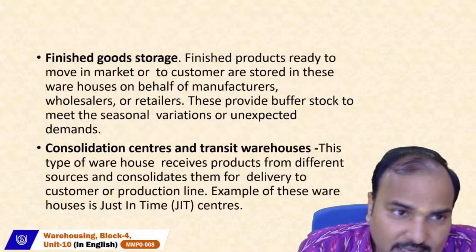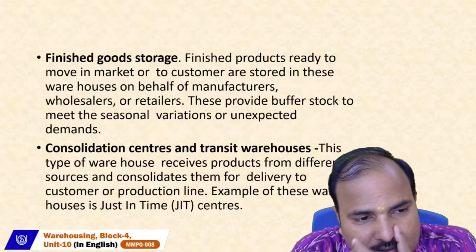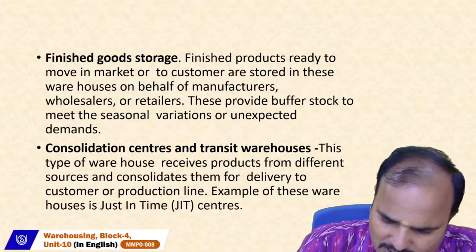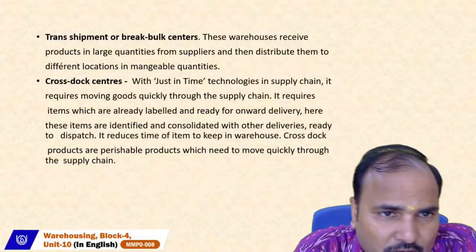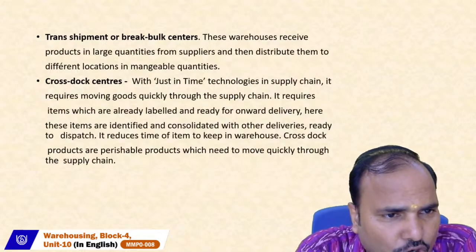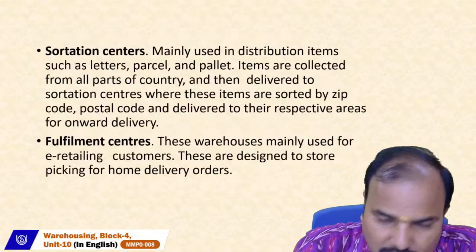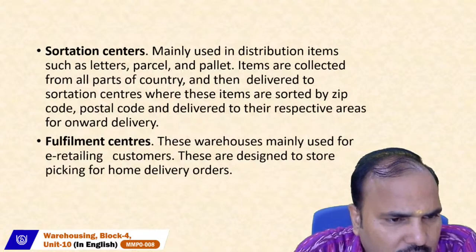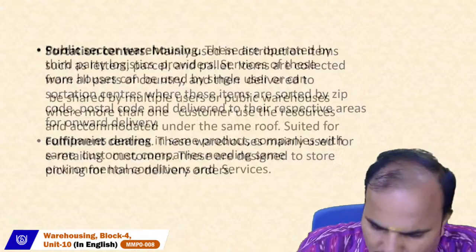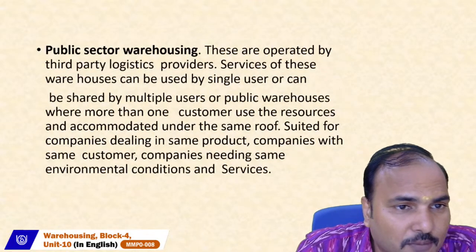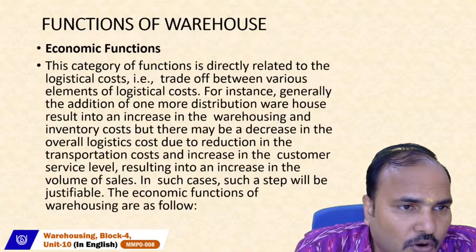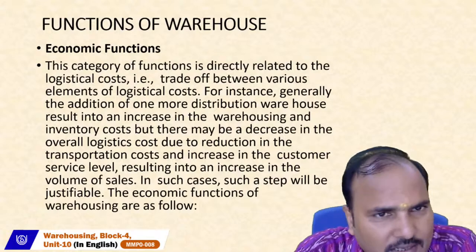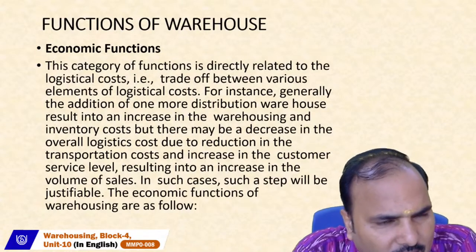Next is finished goods storage facilities, consolidation center, and transit warehouses, then transshipment or break bulk centers, cross dock centers, sortation centers, and fulfillment centers. These are the different centers. After that, public sector warehousing. So all these operation types of warehouse operation we have discussed.